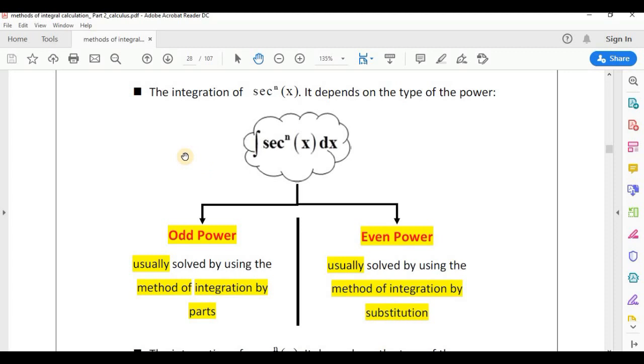But it is better to follow this strategy and solve the integral for sec depending on the power type, even or odd, because this is the easiest way to solve the integrals. And by solving the examples, the idea and the picture will become clearer and clearer.